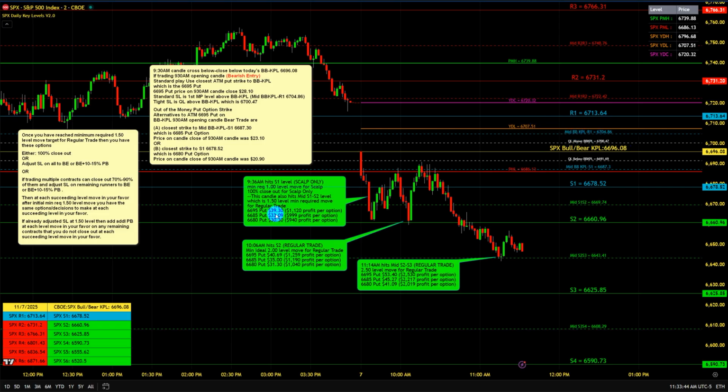However, if you do a stop loss adjustment to break even, or break even plus a profit buffer, at that time when it hits the minimum required 1.5 level move, you're no longer going to do your stop loss by levels. You are instead just switching to the standard stop loss by price, and then you would move your stop loss to either break even, the price that you paid, or break even plus a 10 to 15% profit buffer.